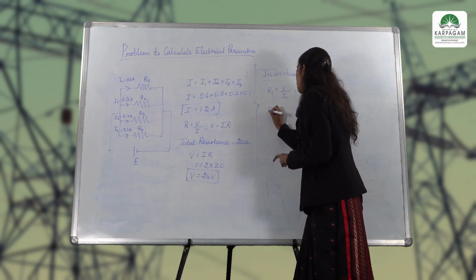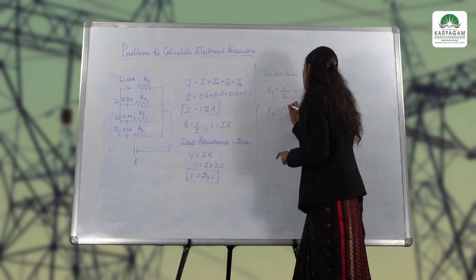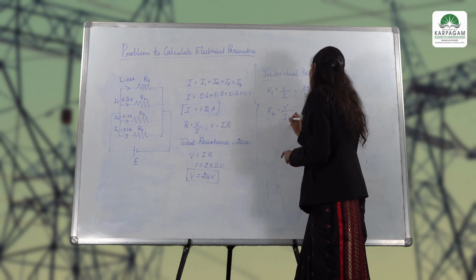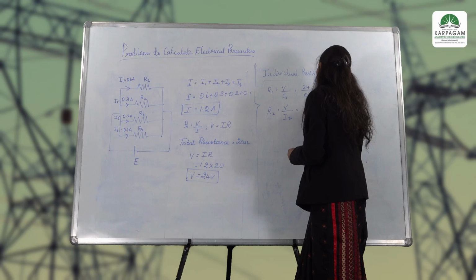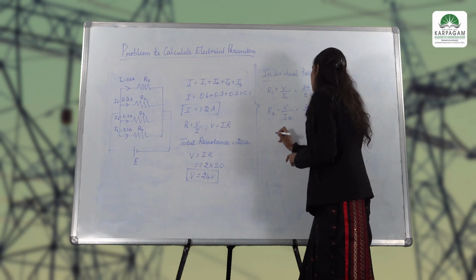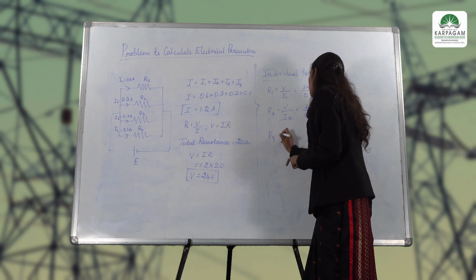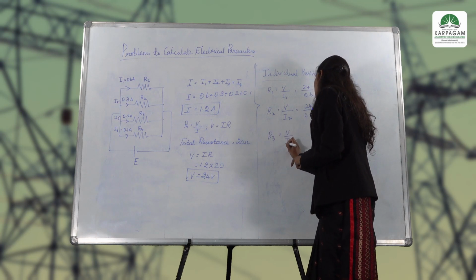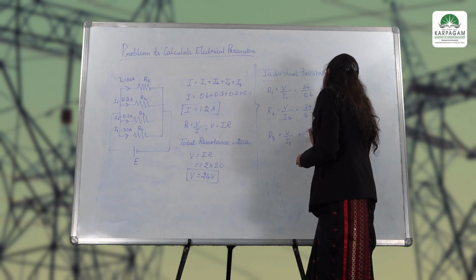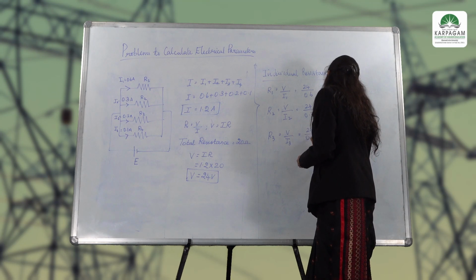So the next one is R2. R2 will be equal to V divided by I2. So your voltage will remain constant, current is 0.3. In case of R3, voltage will remain constant, I3, and this will be 24 by 0.2.